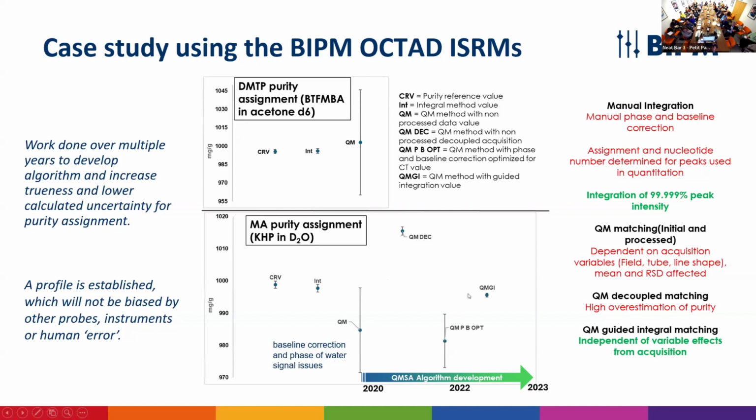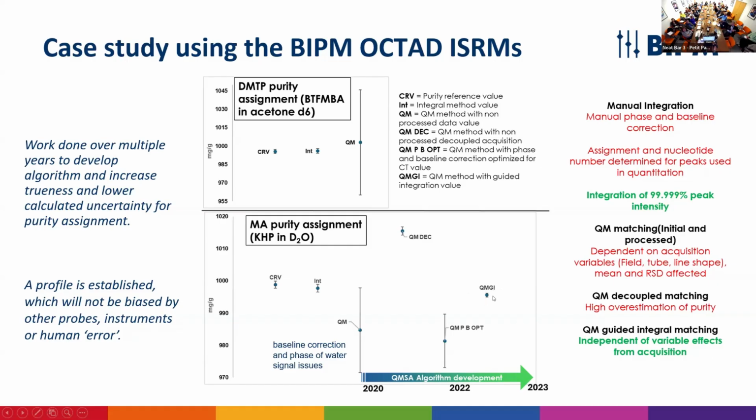However, what was developed by them was a guided integral algorithm selection, where the integral that they derived from the data was then made independent of the other variable effects of the acquisition. That's where we're looking at these elements that start to improve what's being shown within the system.